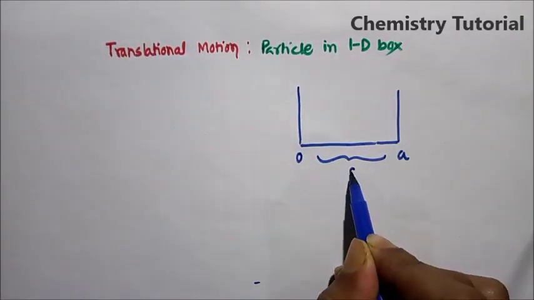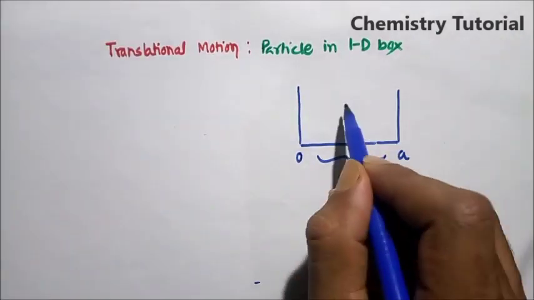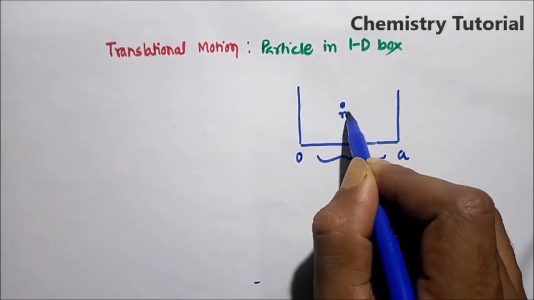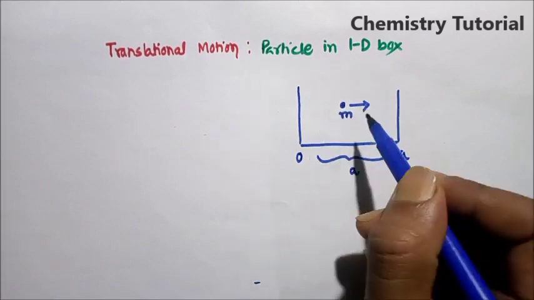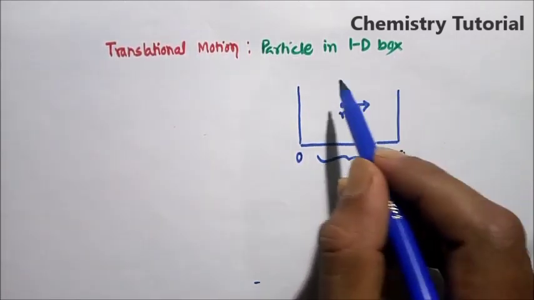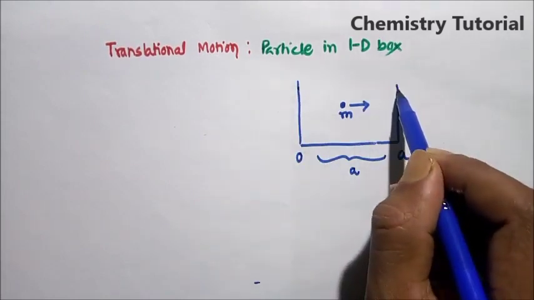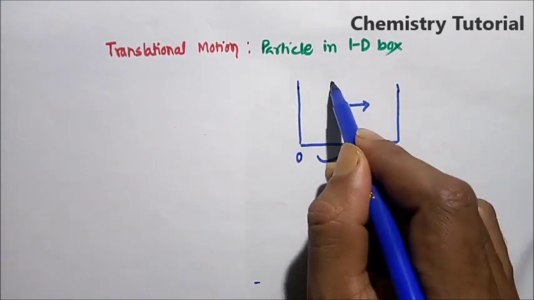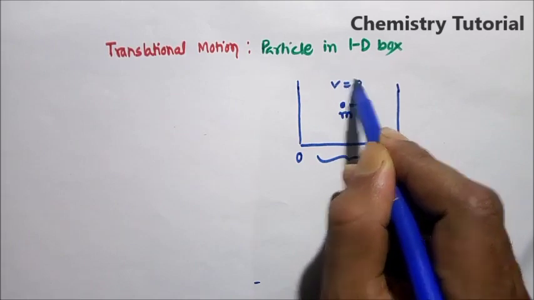This is the dimension of the box, a, and we consider a particle of mass m that is allowed to move in the x direction.